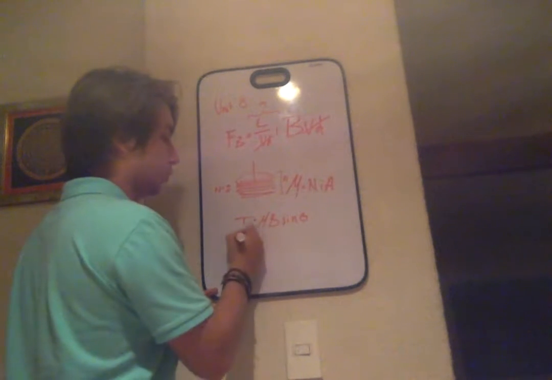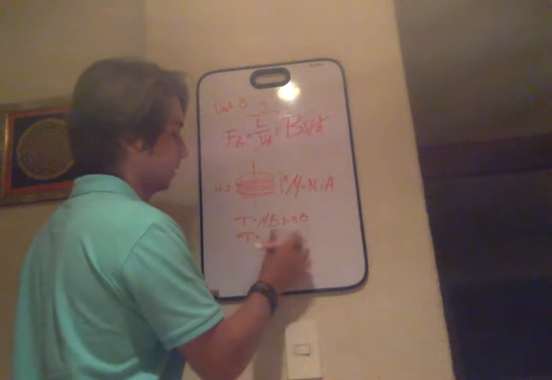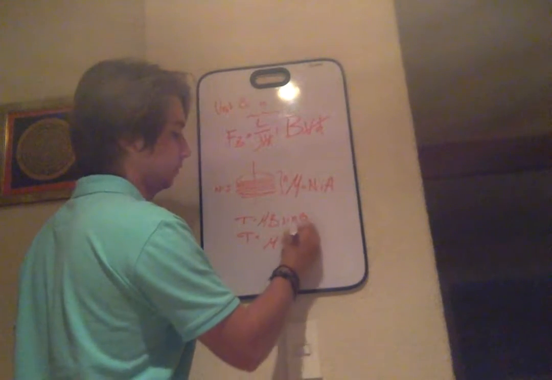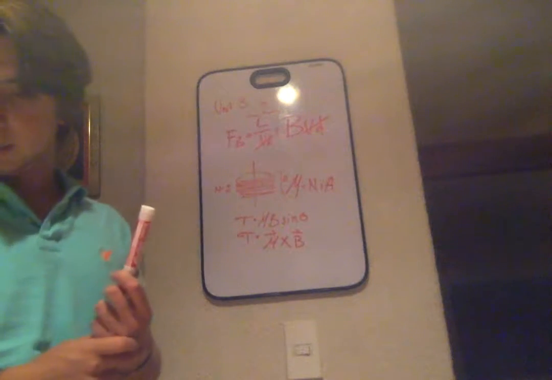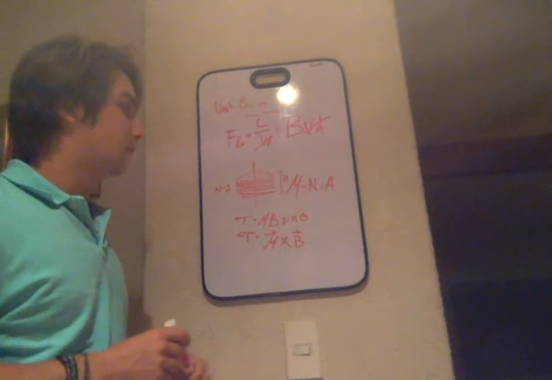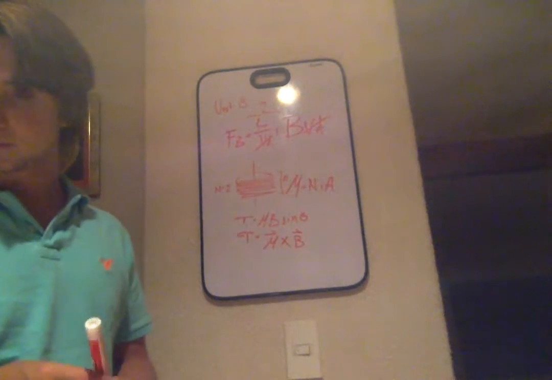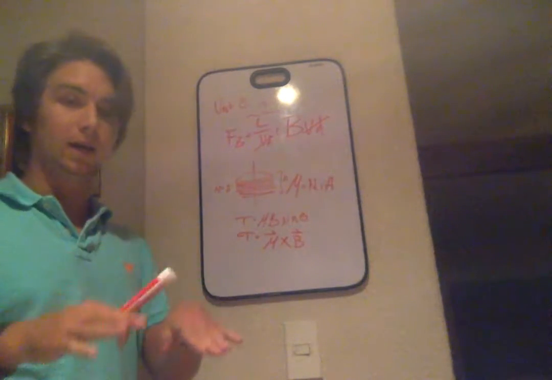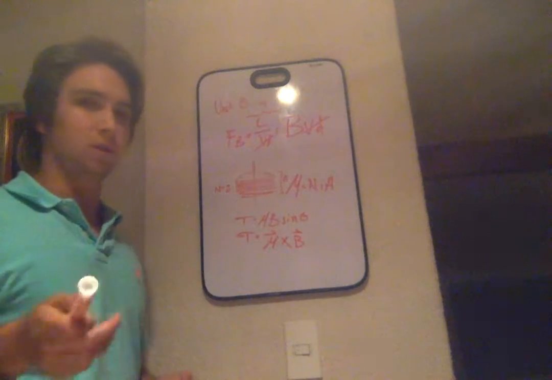And so torque is also mu cross product B. And so if the dipole moment and the magnetic field are aligned, then you have the least potential energy.